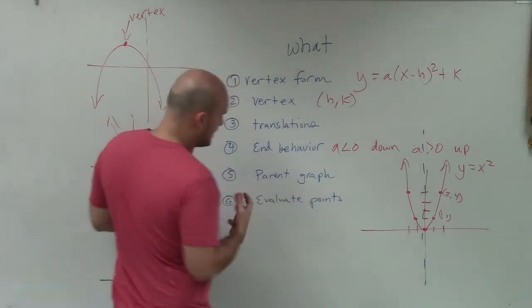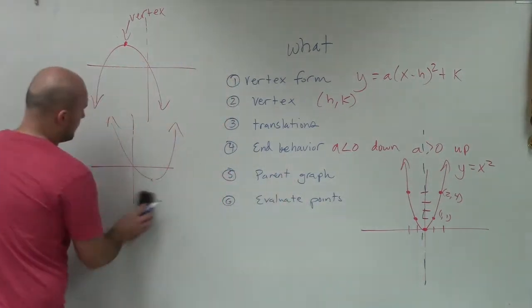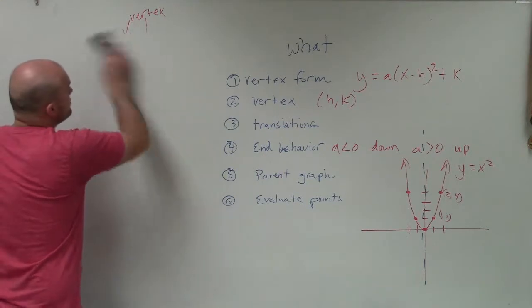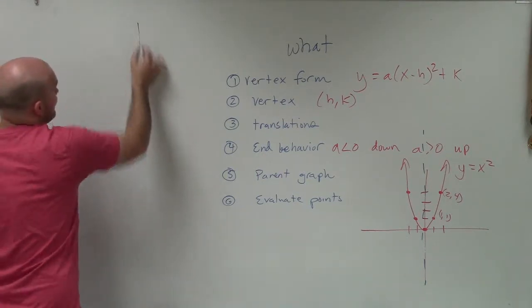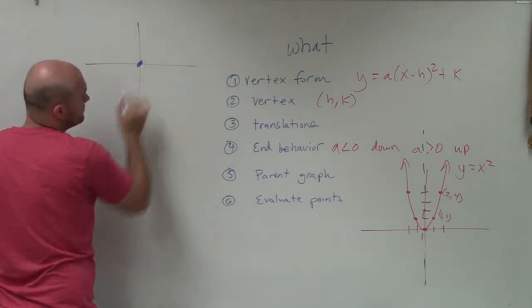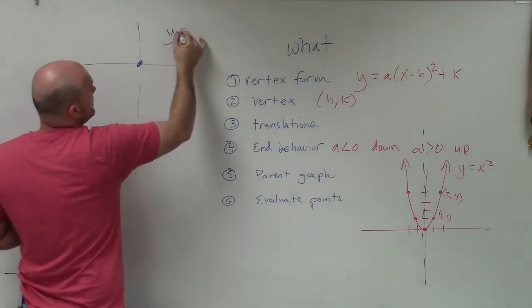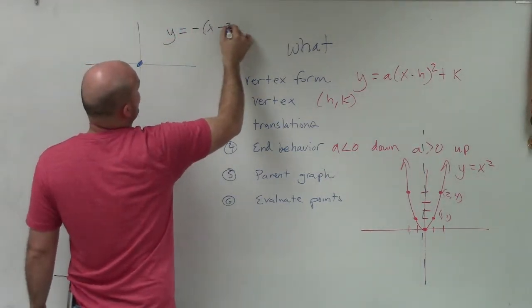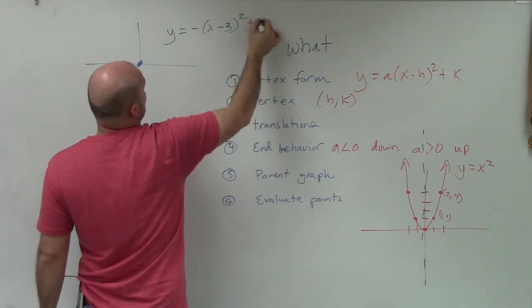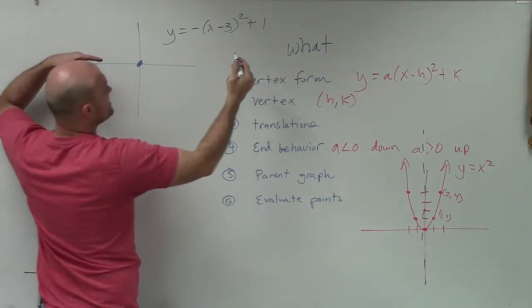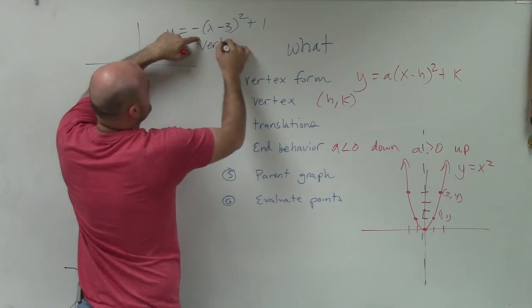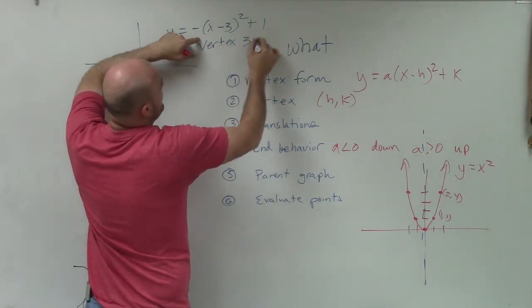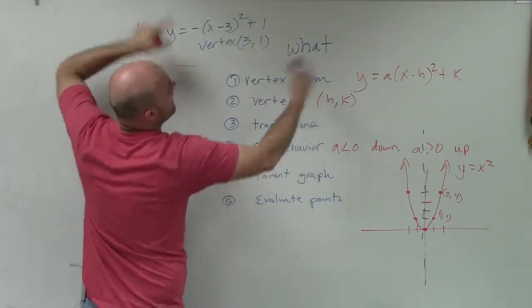So when we're applying our transformations, what I was kind of getting to is you should know that that regular graph starts here, right? And if I now bring in y equals negative x minus 3 squared plus 1, what this tells us is now the vertex is at 3, 1, right? Because it's x opposite of h.